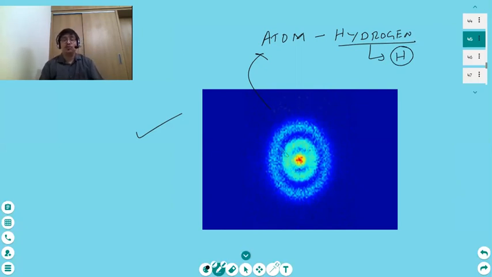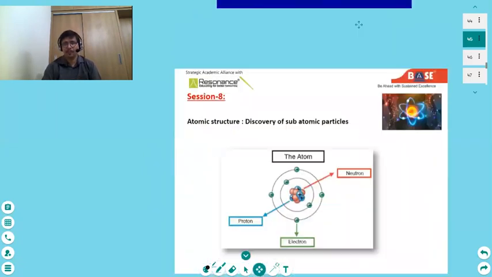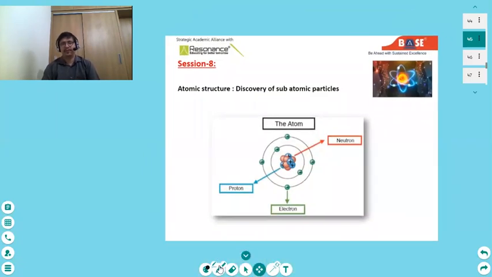It is so small that you cannot see it with your naked eye, or even a normal microscope. So highly sophisticated microscopes are required. An example is the electron microscope. So today's topic is the atom and its subatomic particles, what it is made up of, how it was discovered, and a few characteristic features.